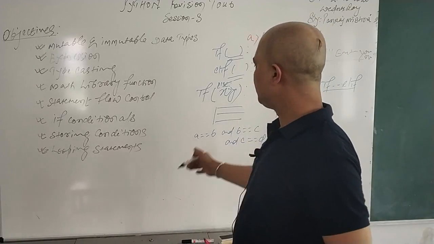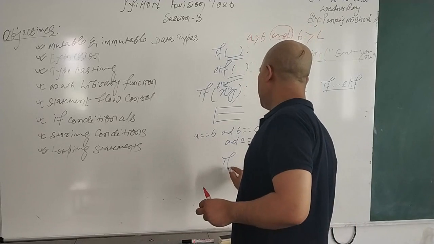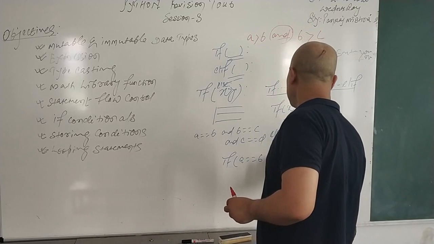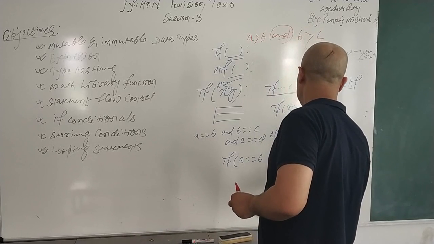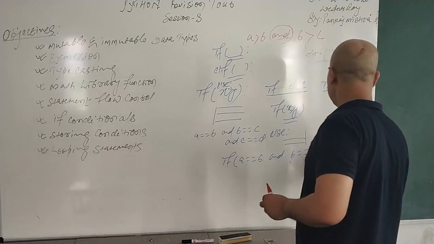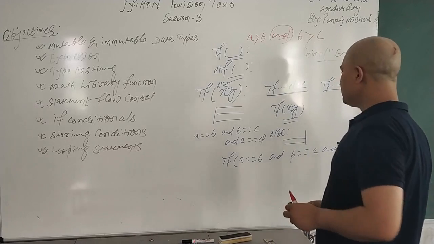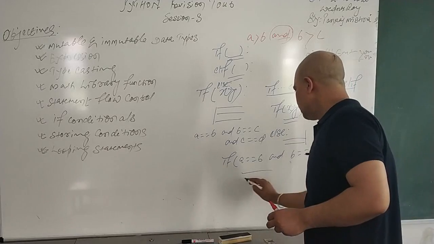In a normal program, I have to write if A equal to B, then I have to say and, then again B equal to C and C equal to D. This big a statement you have to write.